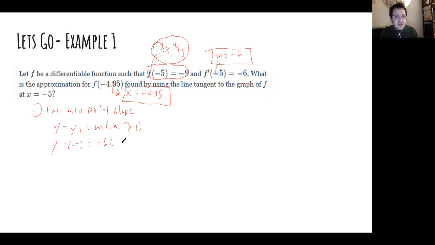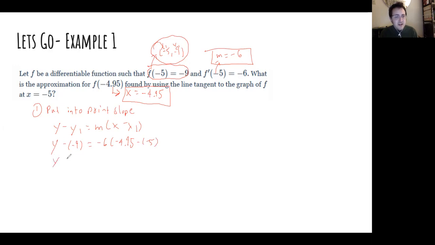And I have -4.95 for my x. And then my x1, hold on, I just added one thing in there. Get this fixed. -4.95 minus -5.